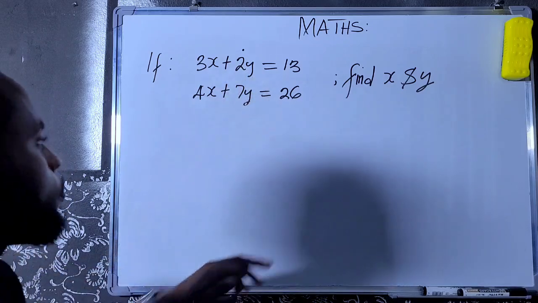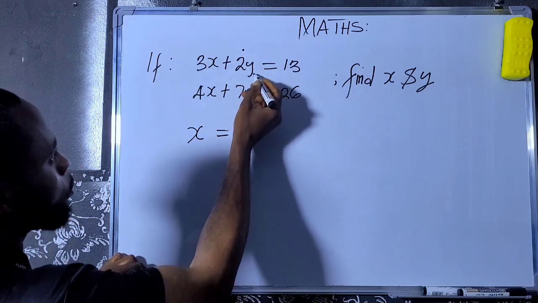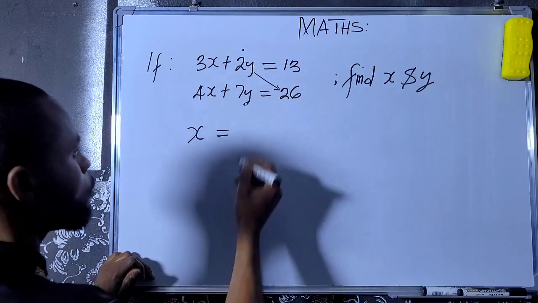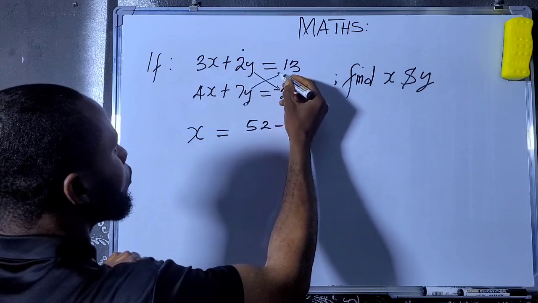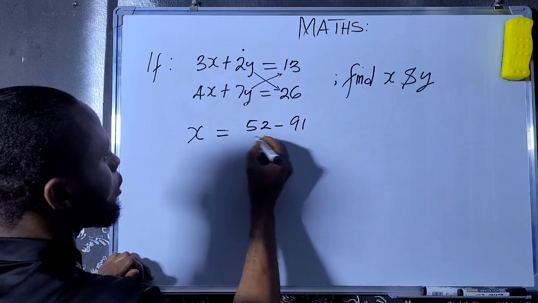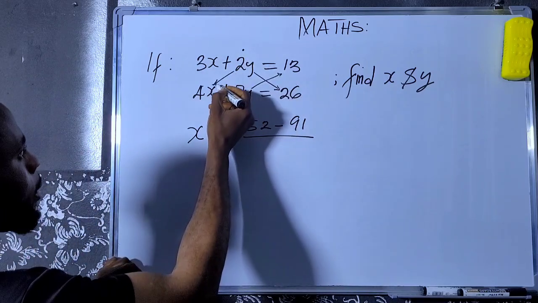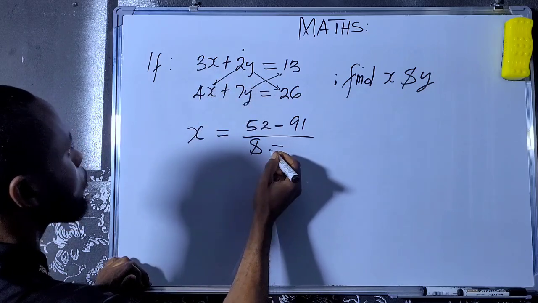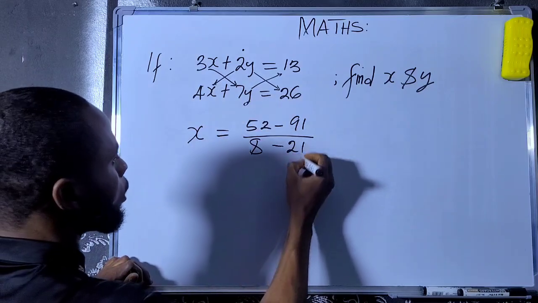Now, at this point, to find x, we are going to apply cross multiplication here. You cross multiply this 2 multiplied by 26, that will give us 52, minus here, you cross multiply 7 times 13, that gives us 91, divided by here, at the same point, we cross multiply this 4 times 2, that gives us 8, minus we cross multiply this 3 times 7, that gives us 21.